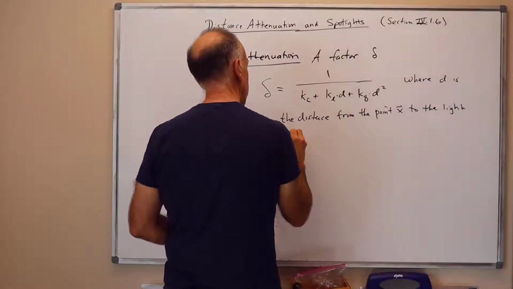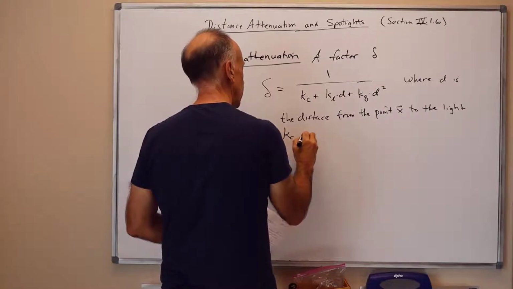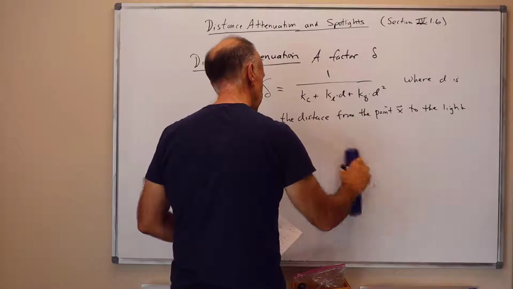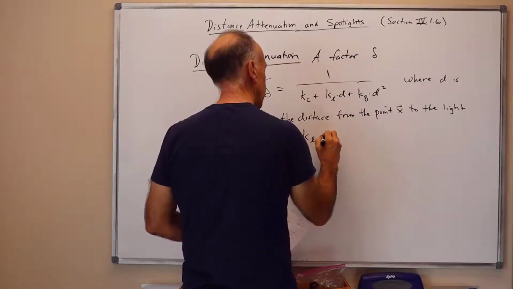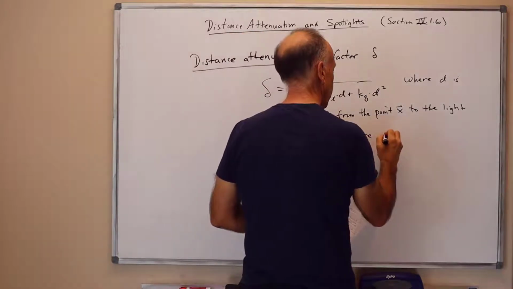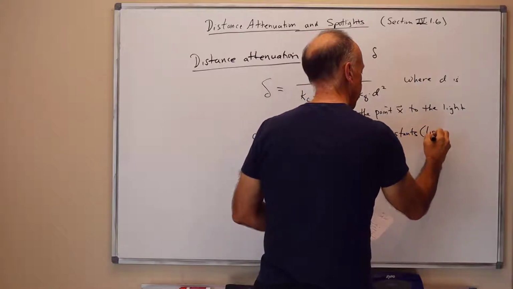and where k sub c, k sub l, and k sub q are constants. In fact, they're properties of the lights, so they're light properties.